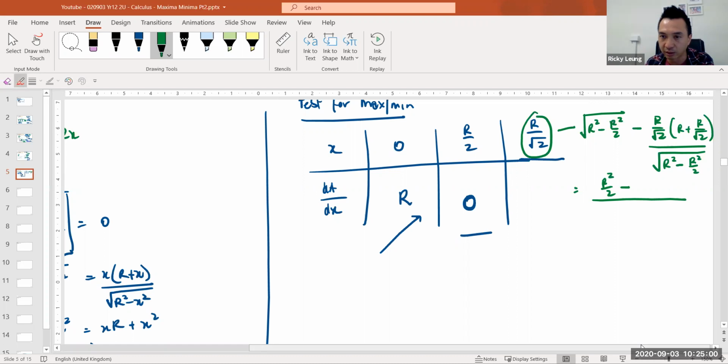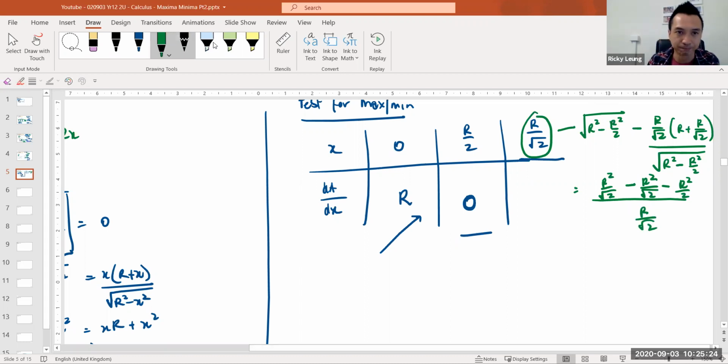Sorry, when I say on 2, I mean root 2, don't I? Minus r squared on root 2, ooh, cancels, and then minus something else, r squared on 2 over the square root of r squared. Let's clean that up as well. That's just r on root 2.